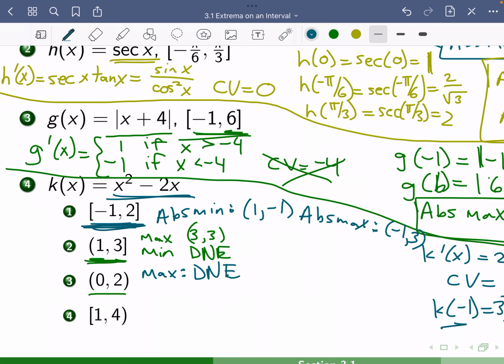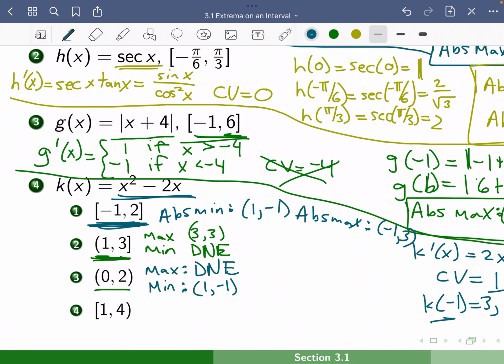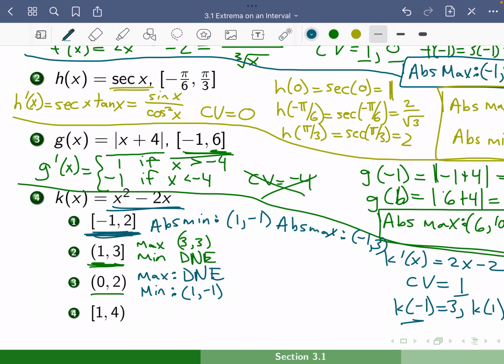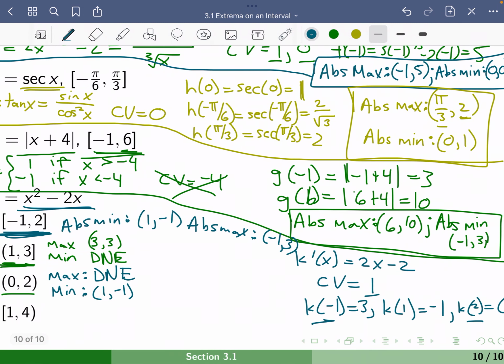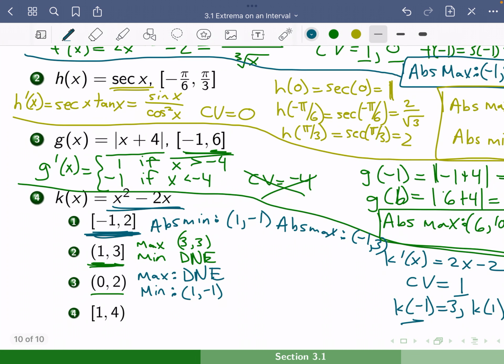Our minimum is occurring at (1, -1). As we approach 2, our function values are going to get larger and larger, but we can never actually hit 2. So we have no maximum, but there is a minimum in that interval at 1 itself.